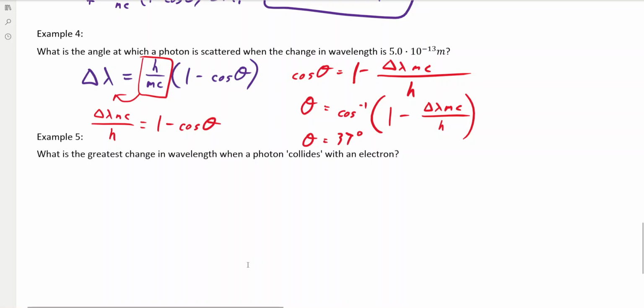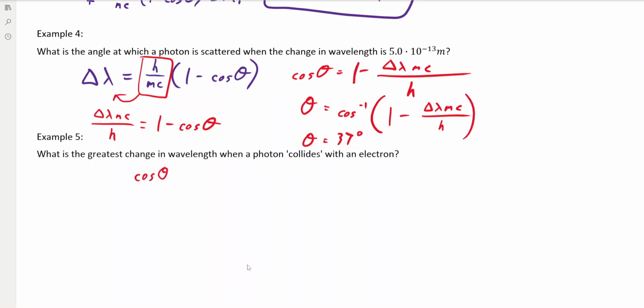Okay, let's just talk about example 5 for a moment. What is the greatest change in wavelength when a photon collides with an electron? Well, the biggest value that you could have is when cos theta is negative 1. So this would be the biggest value.